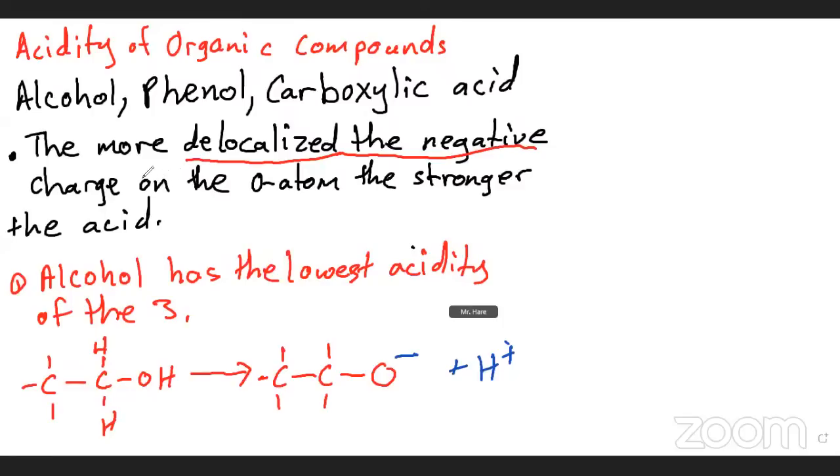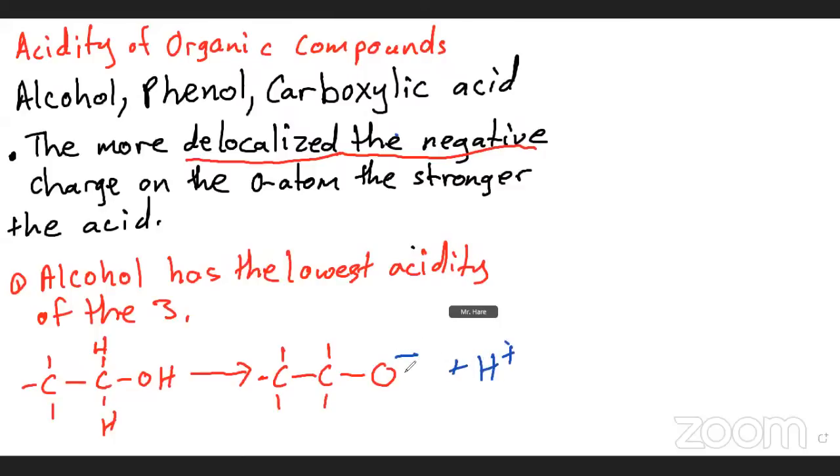Remember, we said that the more delocalized the negative charge, the stronger the acid. In alcohol, this negative charge is not delocalized. It's completely on the oxygen, therefore it can easily take back the hydrogen ion.